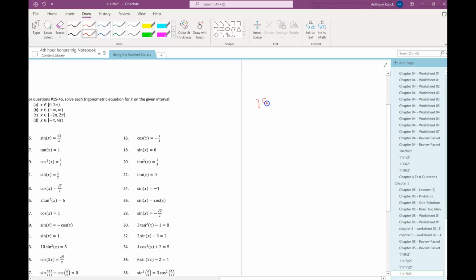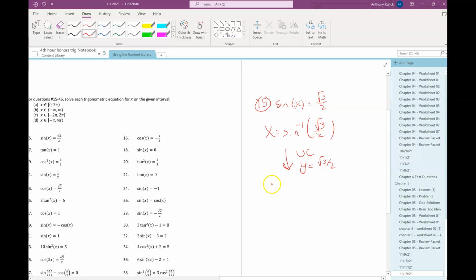So 15, the first thing I want to do is to get the x by itself. So that just means I'm going to be doing the sine inverse to both sides. To do the sine inverse of root 3 over 2, I'm just going to go to the unit circle and look up where the y coordinate is root 3 over 2.